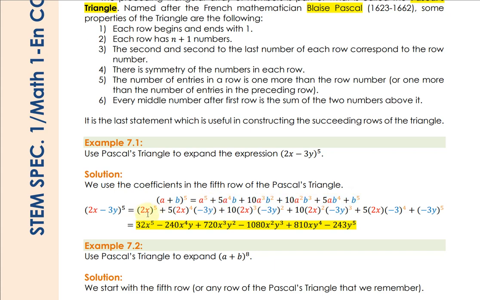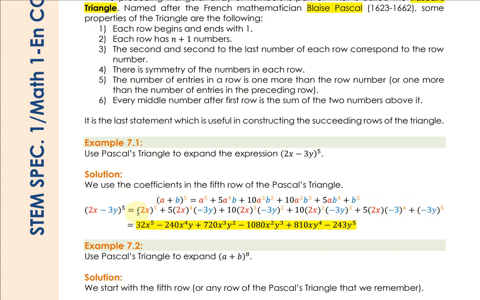So we have 2x to the power of 5 plus, this is plus 5 times a to the power of 4. So that is 2x to the power of 4 times b, which is equal to negative 3y, and so on. We just substituted the values of a and b. Next we are going to simplify.